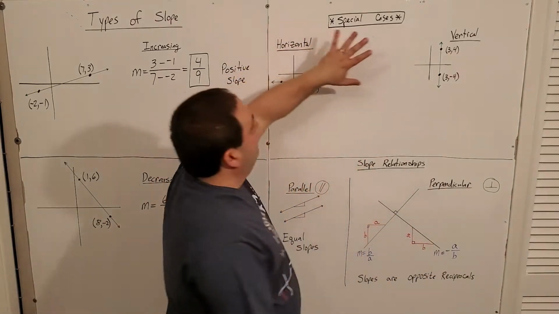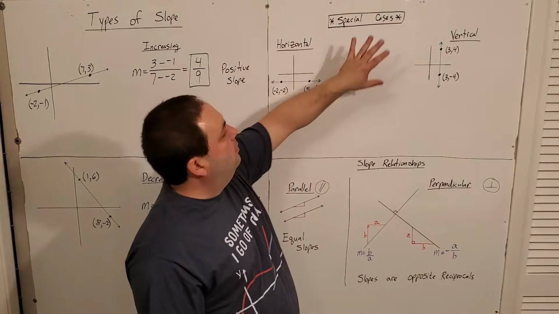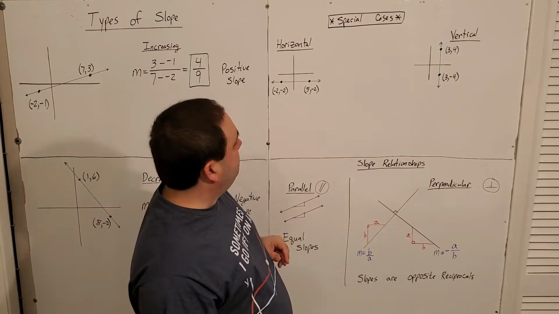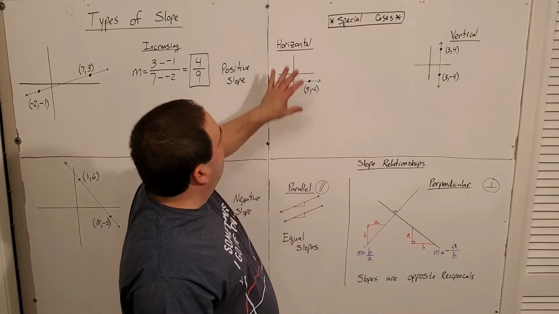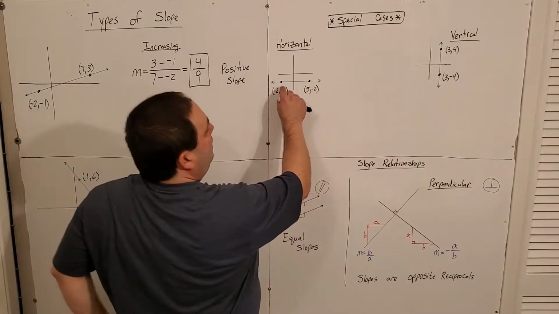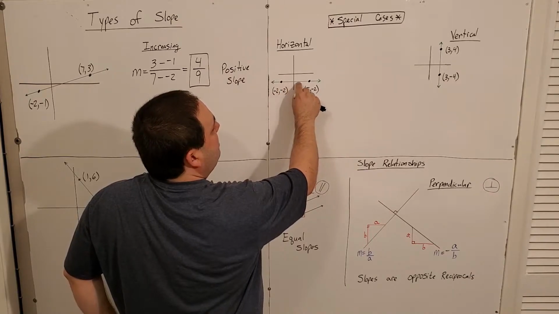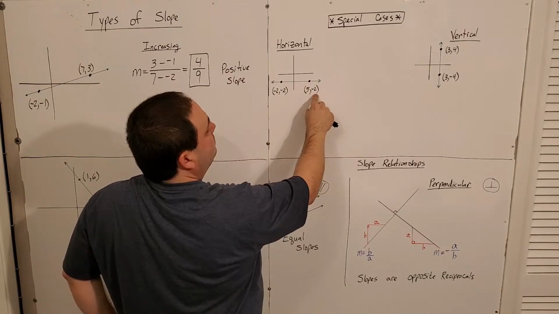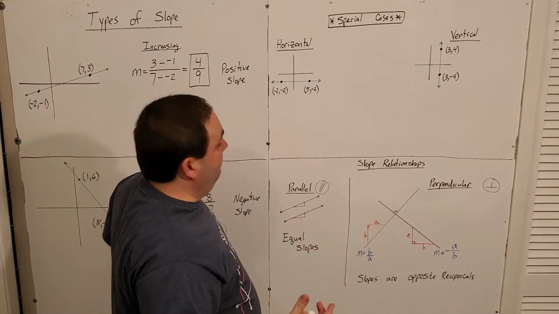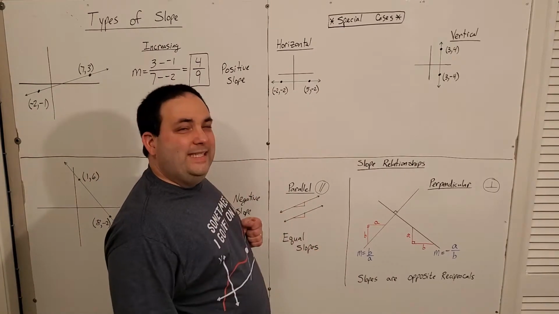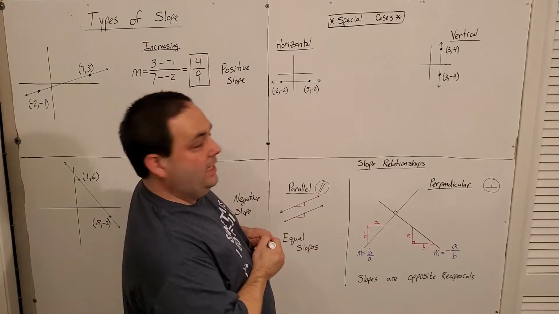So here's these next two here, the horizontal lines and the vertical lines, okay? The horizontal lines are going to occur whenever they all have the same y value, okay? That alone tells you exactly what the equation of this line is.